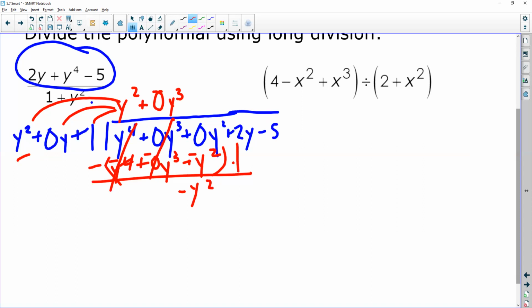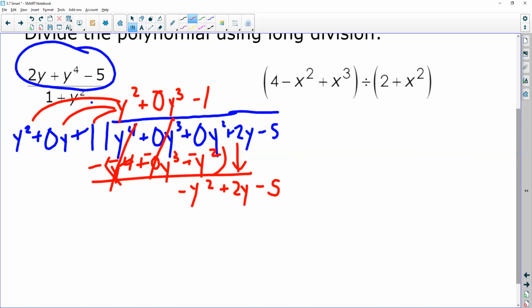So now I'm going to bring down everything else because I need 3 terms at a time. So I brought down 1. I'm going to bring down the next 2. If I had had a 0 here, I could have brought down just 1. But I need as many terms to multiply into as I have here in my denominator. Okay, so y squared to negative y squared, I just need a negative 1.